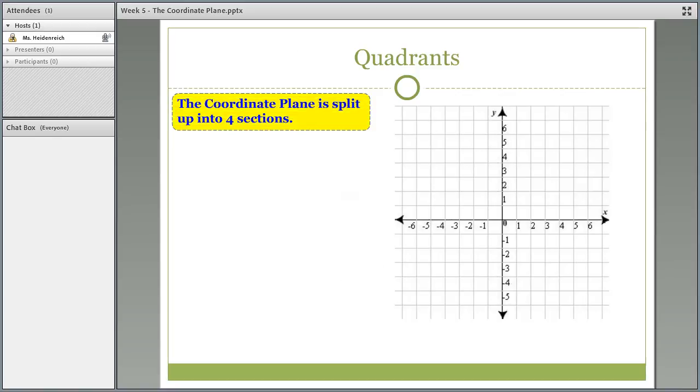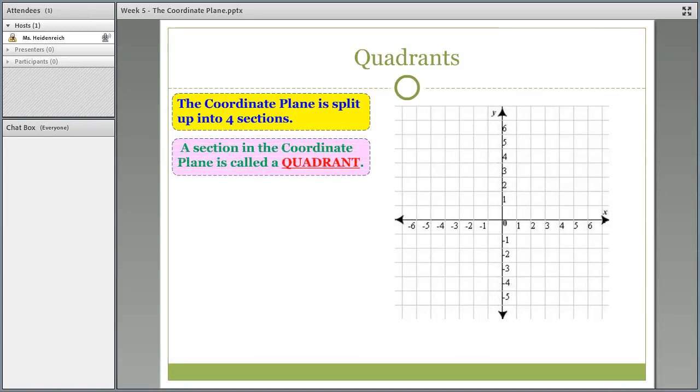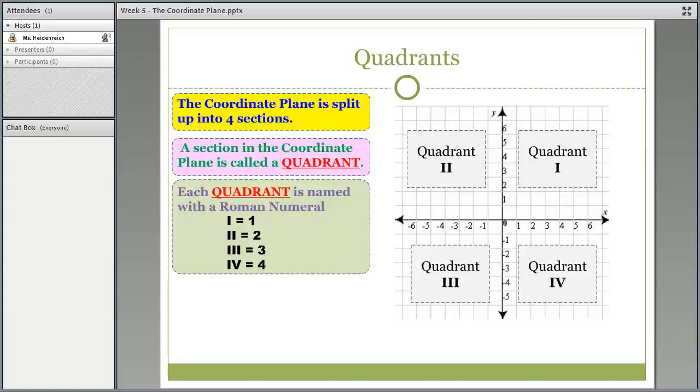So when talking about our coordinate plane, we also talk about what are called quadrants. Now the word quadrant means that we're splitting it into 4 pieces. So we've got 4 different quadrants or 4 different sections on the coordinate plane, and I've labeled them here for you.